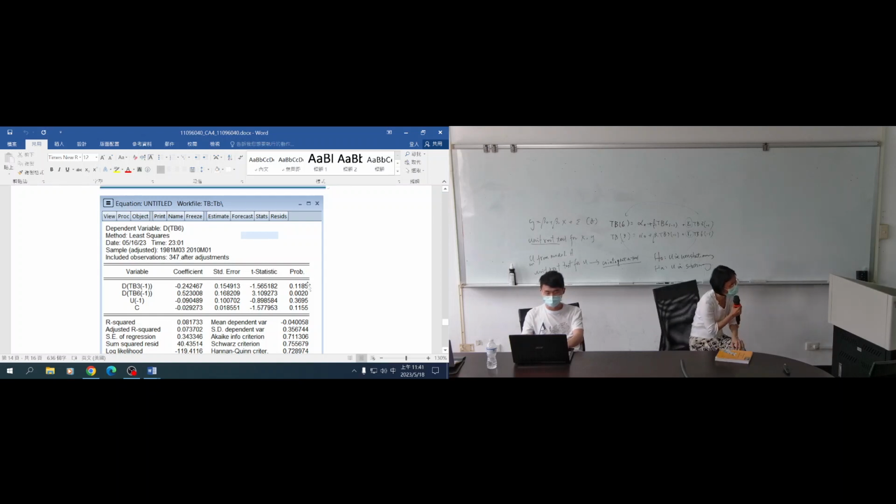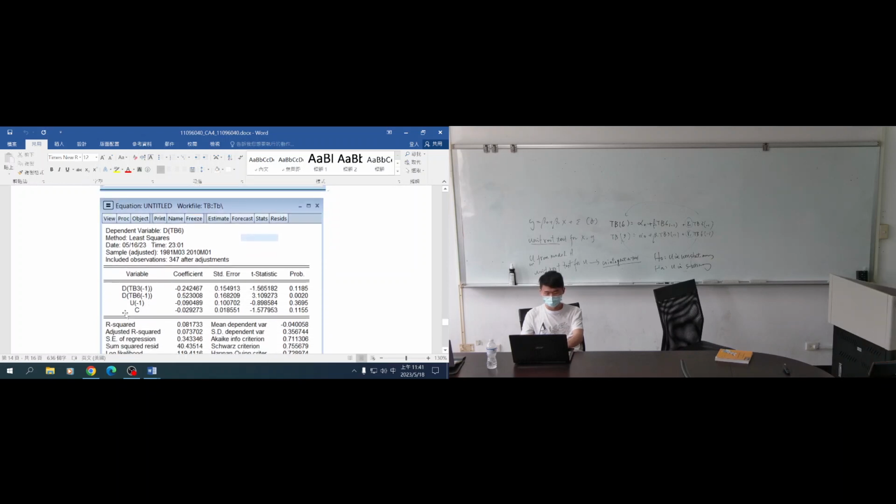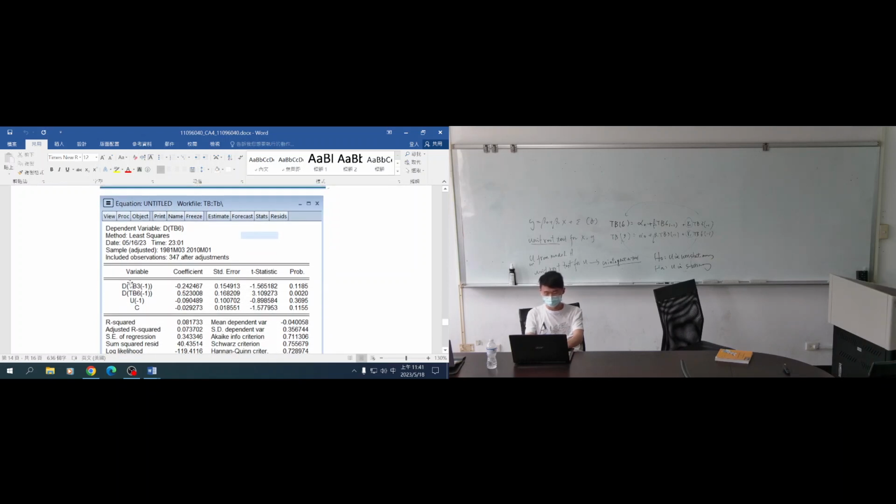What kind of test is this one? I think it's still the same as this one, but I'm using D here. If we do the Granger causality test, we don't have this term. This term is not used in the Granger causality.